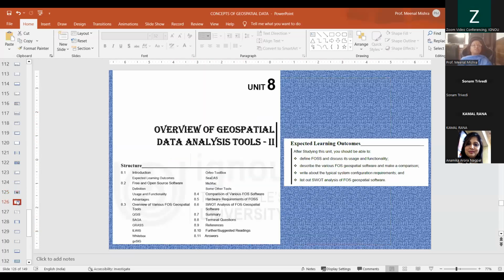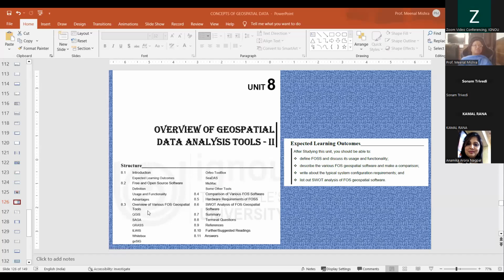So the next unit is Unit 8, that is Geospatial Analysis Tools Part 2. In this, as I told you, you have FOSS, that is free open source software. In this unit, you have contents like usage and functionality, advantages, overview of various FOSS geospatial tools like QGIS, which you are using, SAGA, GRASS, which you will be using, ILWIS, Whitebox.